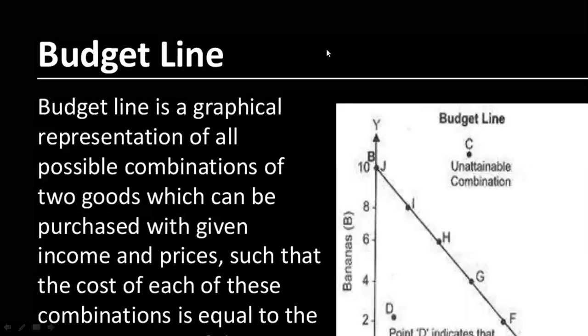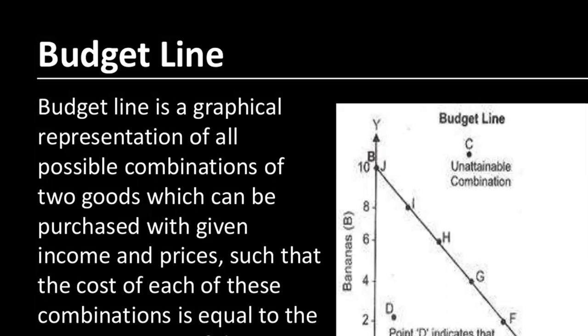Now we will discuss the budget line. The budget line is a graphic presentation of all possible combinations of two goods which can be purchased with a given income and prices, such that the cost of each of these combinations is equal to the budget.